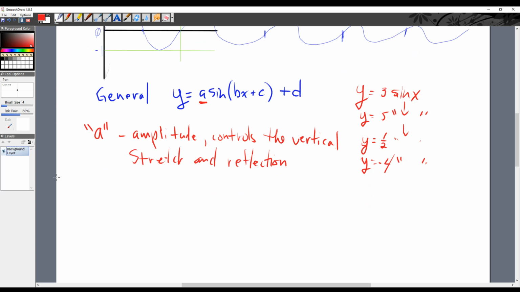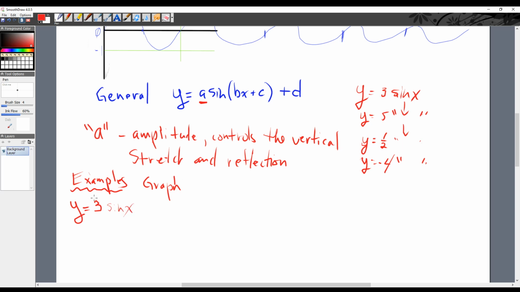So let's look at some examples. We are going to graph, well, let's do these ones up here. I'm going to graph y equals 3 sine of x.